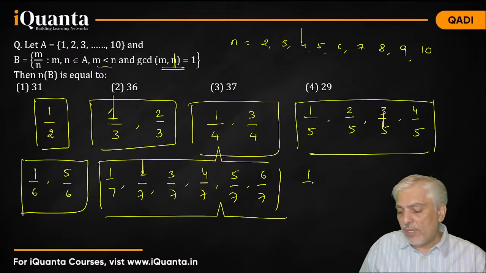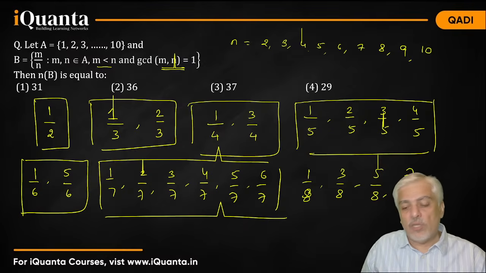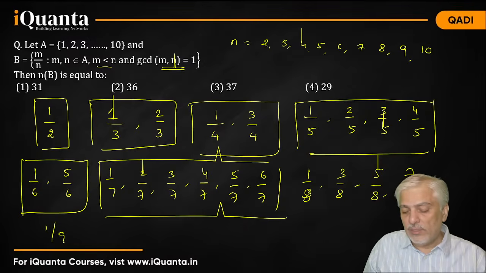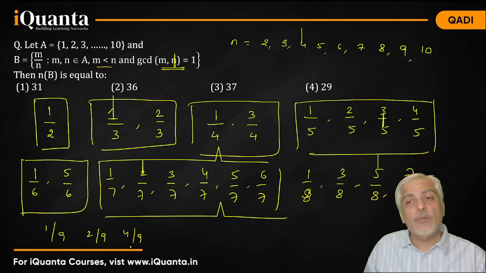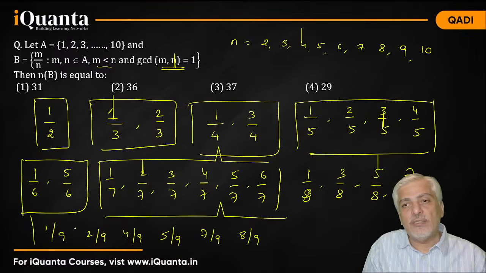So 8 के लिए 1 by 8, 3 by 8, 5 by 8 and 7 by 8. 9 के लिए all the 3's will not work. So 1 by 9 will work, 2 by 9 will work, 3 by 9 will not work, 4 by 9 will work, 5 by 9 will work, 6 by 9 will not work, 7 by 9 will work, and 8 by 9 will work. And for 10, 2's and 5's will not work. So the 3's will work and the prime numbers will also work.